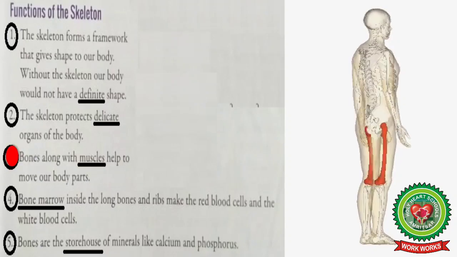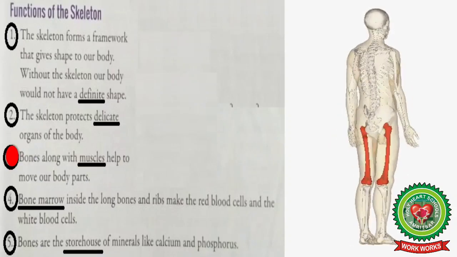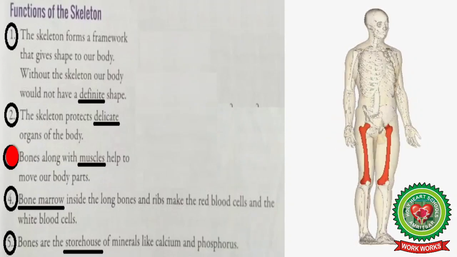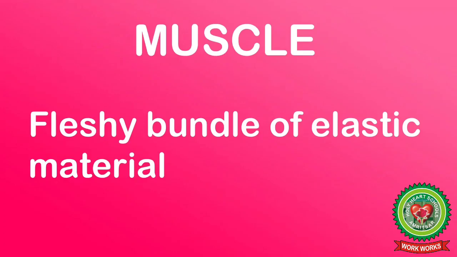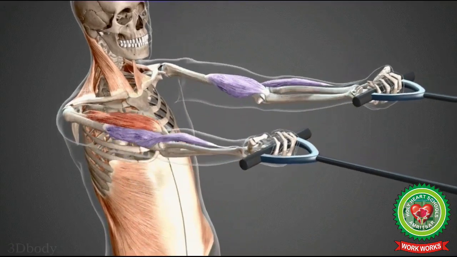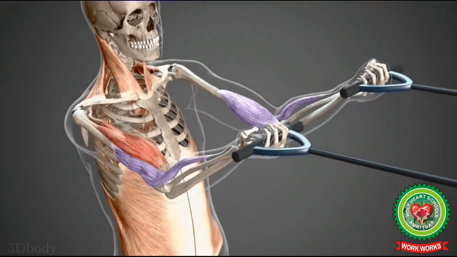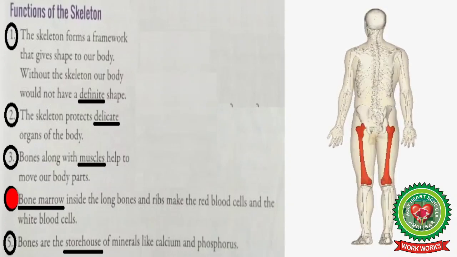Number 3 is bones along with muscles help to move our body parts. Underline word muscle and write down its meaning fleshy bundle of elastic material. So students, bones and muscles together help our body parts to move. After that, number 4 is bone marrow.